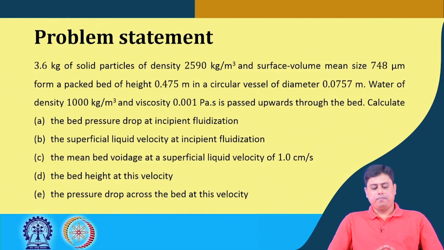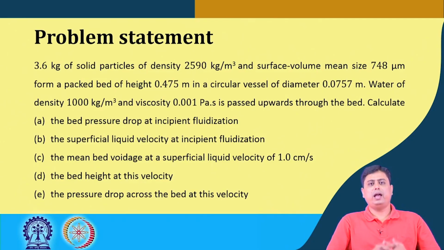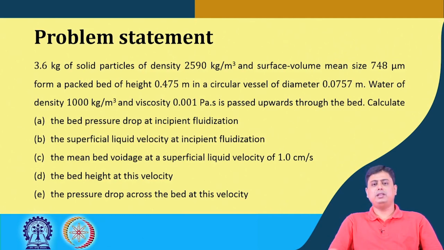So, there are several questions here. The things that we have to calculate are bed pressure, superficial velocity at incipient fluidization, or say the minimum fluidization condition, and then the mean voidage when the velocity is at a certain value, that is here 1 centimeter per second.